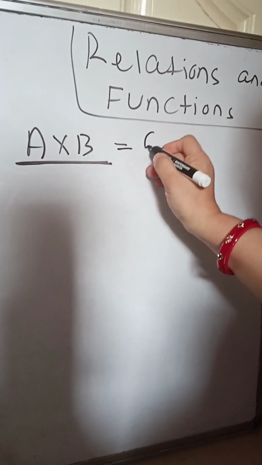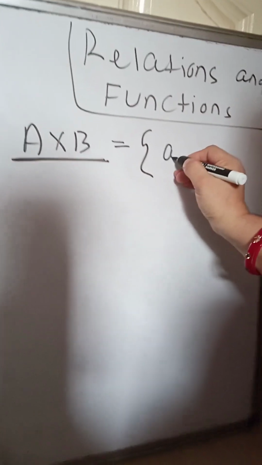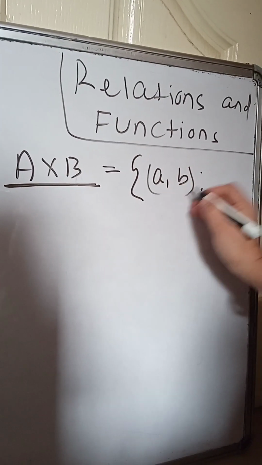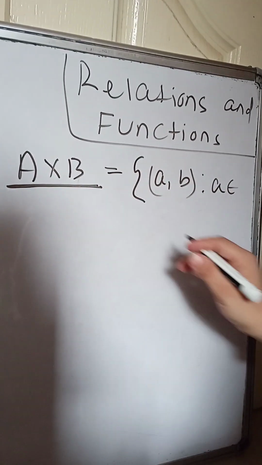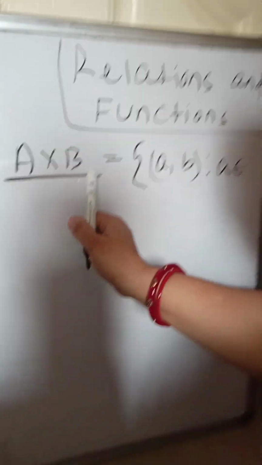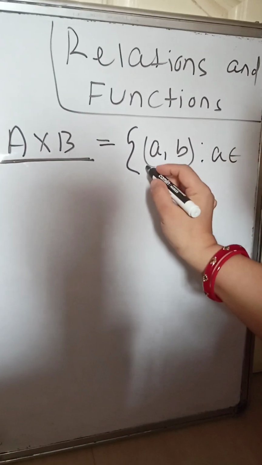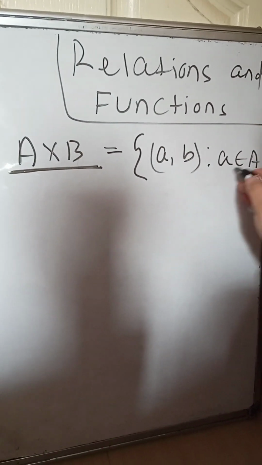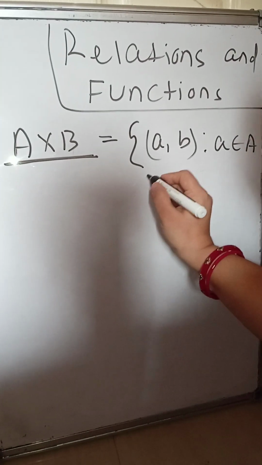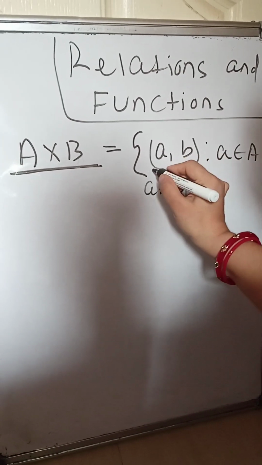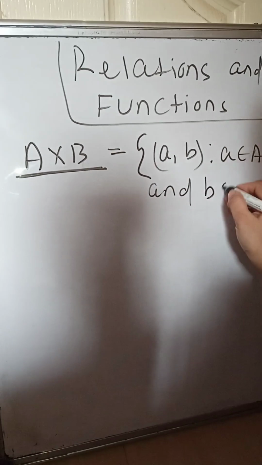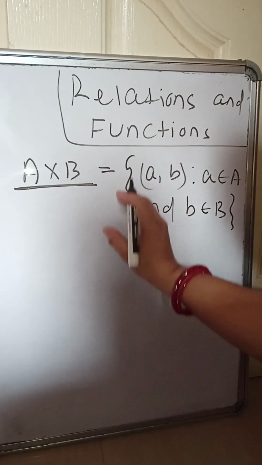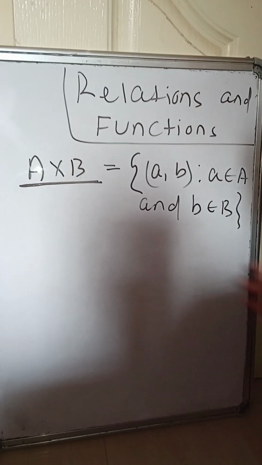It is again a set of ordered pairs (a, b), such that the first element of the ordered pair, a, belongs to your first set A, and the second element b belongs to your second set B. In this way you can find all the ordered pairs, collect them into a set, and that is your Cartesian product of two sets.